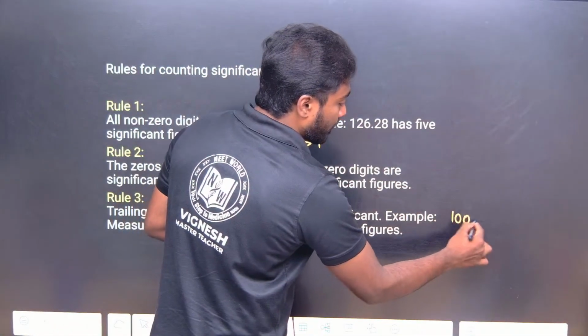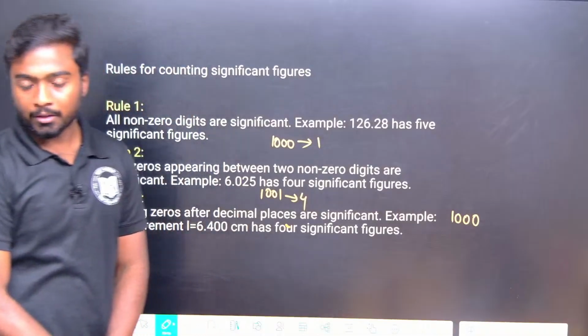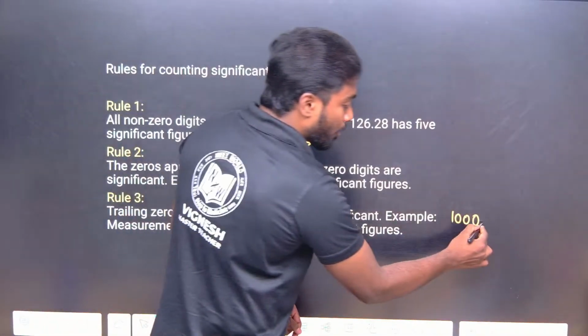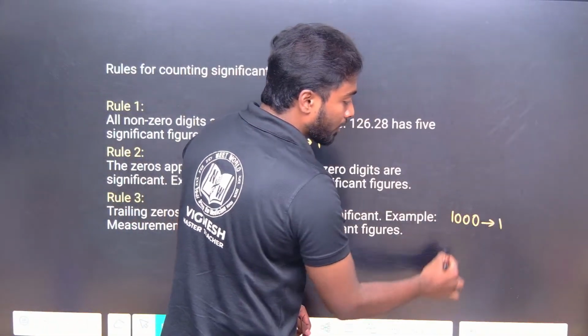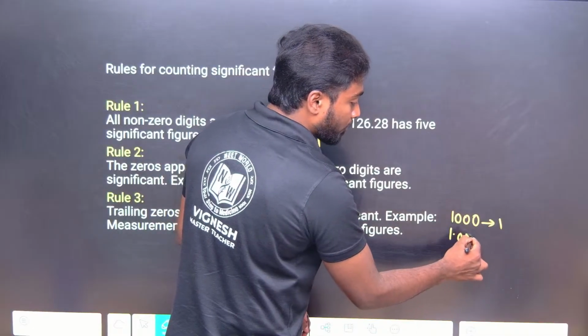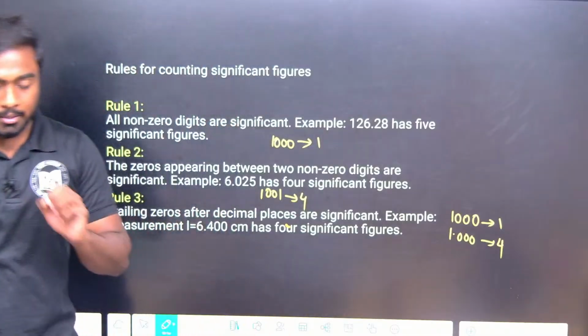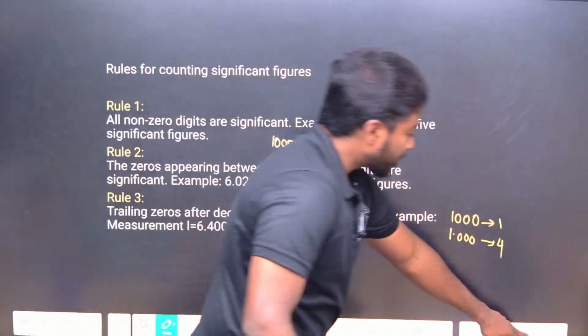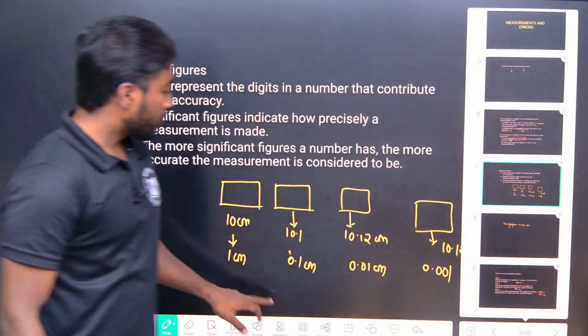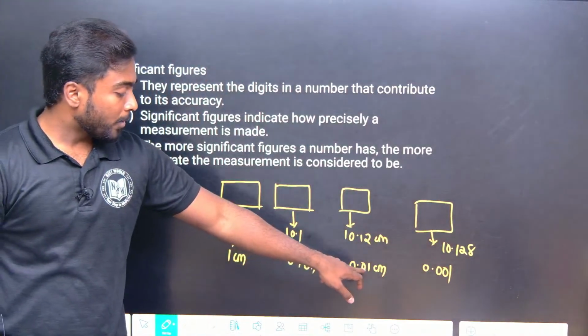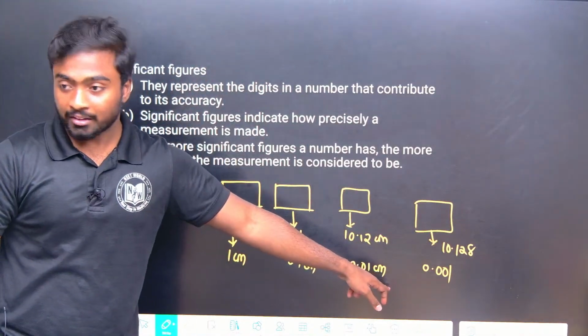If I take 1000, how many significant figures? 1. If I take 1.000, how many significant? 4. A simple case, in the previous examples I took 0.001 centimeter as the least count.